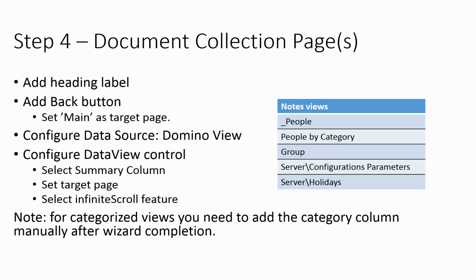The summary column is the column to display as identifier for a document, for example a person's full name, and we set the target page, and this is the corresponding application page set as document viewer. And also we activate infinite scroll. This feature allows us to load new sets of documents while scrolling down the list.